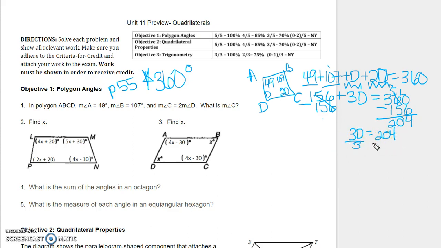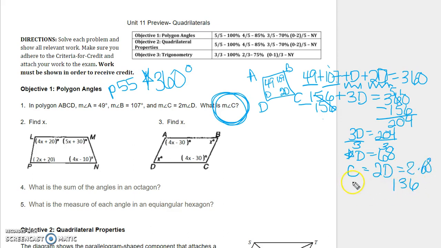Then I'm going to divide by 3 because I still have to isolate D. Now D is equal to 68. That's D. The question asks for C. Remember, C is 2 of the D's, so 2 times 68 gives me 136. So C is 136. I'm going to pause to erase my board.